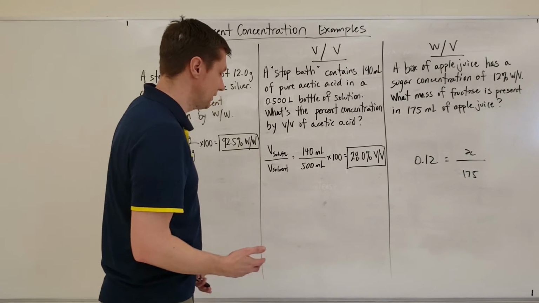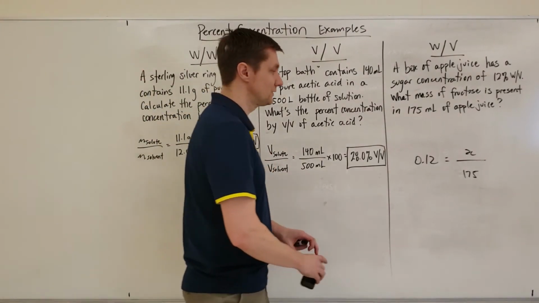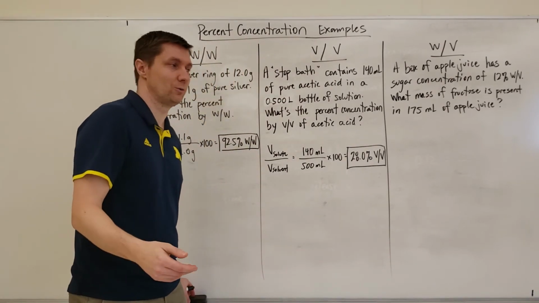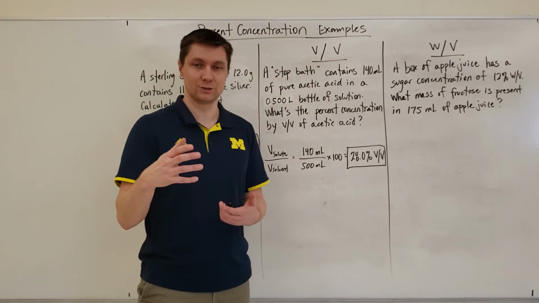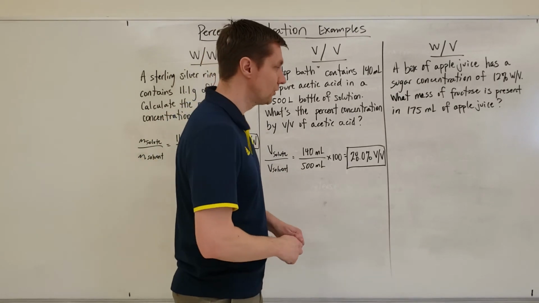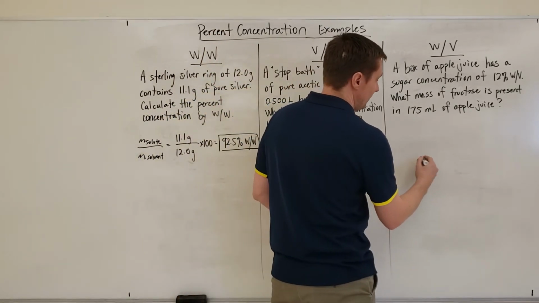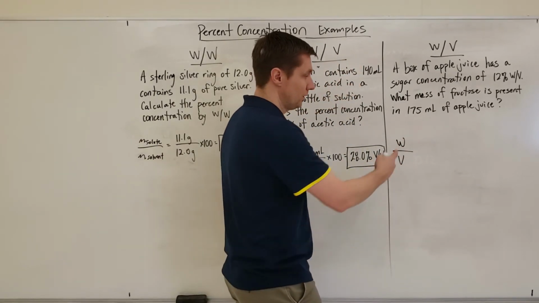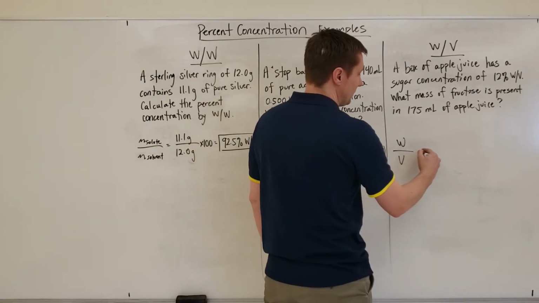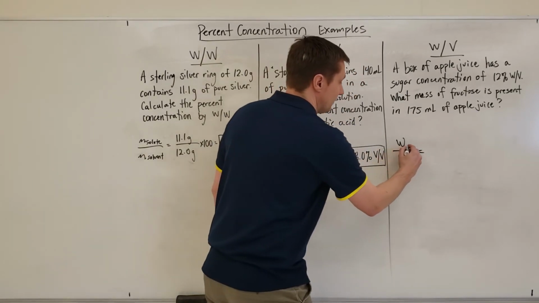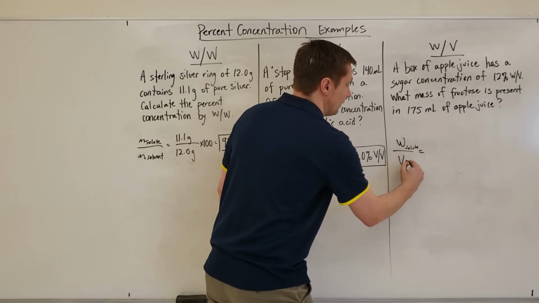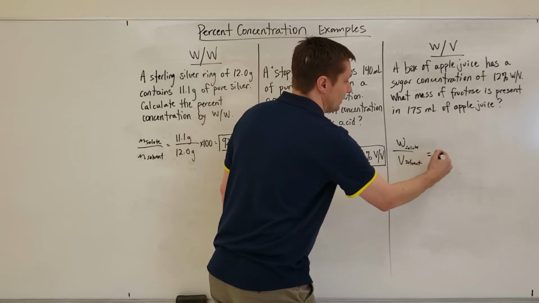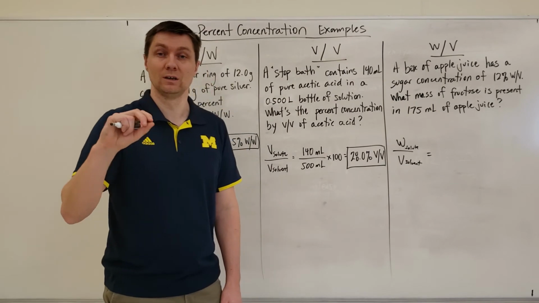For this question, it really is no different. Instead of talking about a percentage on a test, we're talking about the percentage in apple juice. I know that this is a weight to volume expression. The weight is the solute, and because this is a weight to volume expression, these units have to be specific.